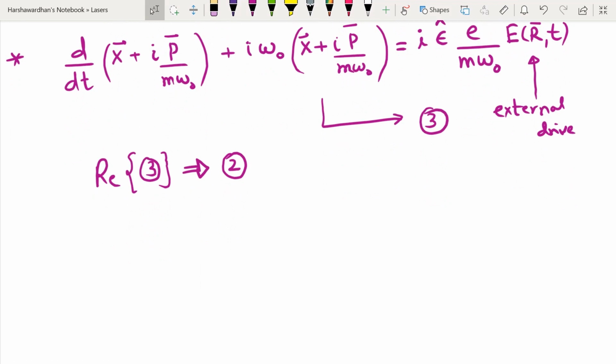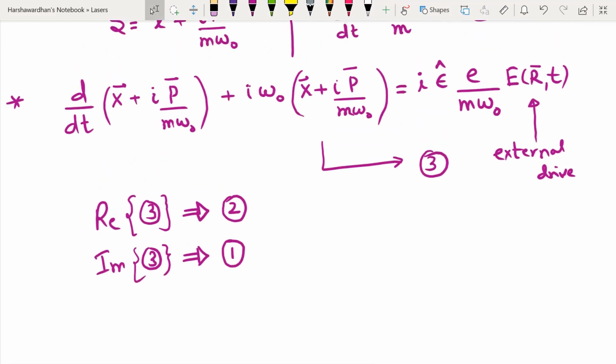Absolutely similarly, the imaginary part of equation 3 would imply equation number 1. You can check it for yourself and convince yourself that this is indeed true. What we have done is simply generalize the displacement to a complex displacement, and there is nothing new that we have written in this equation.